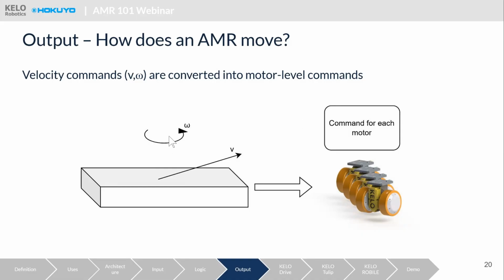Then we have a unit to convert this vector of motion to the command for each motor. It means that each motor on the system should move with which velocity, in which direction, to be able to execute the command from the higher level of the software that we have.